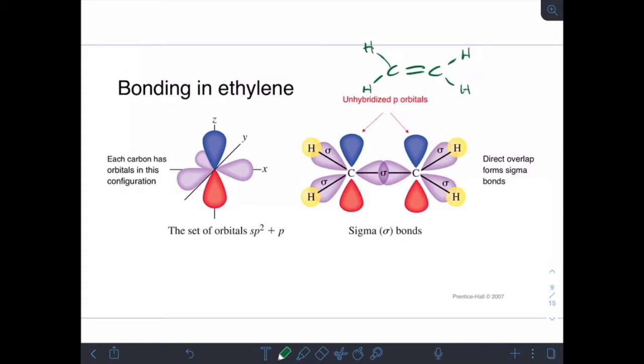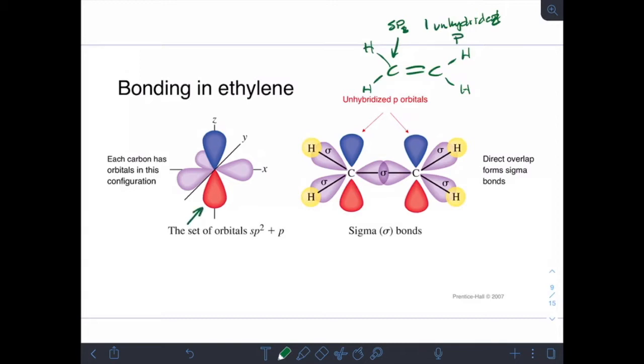We decided that each of these carbons is sp2, which means that we have 1 unhybridized p orbital, and that is this right here.